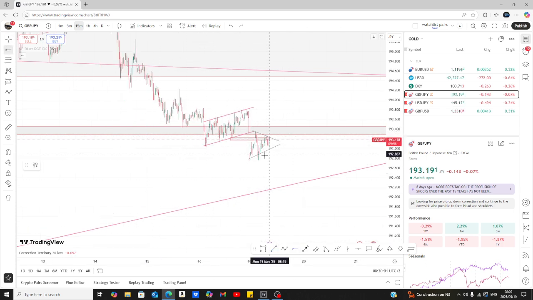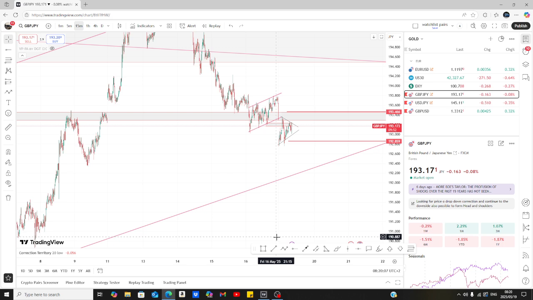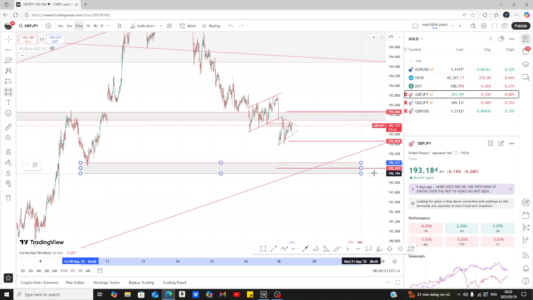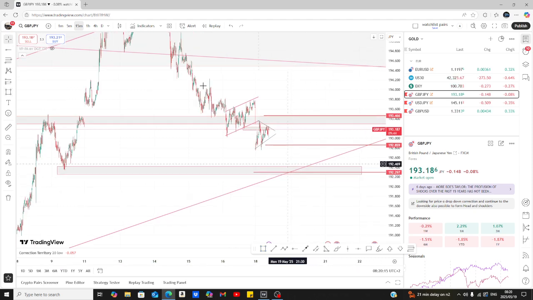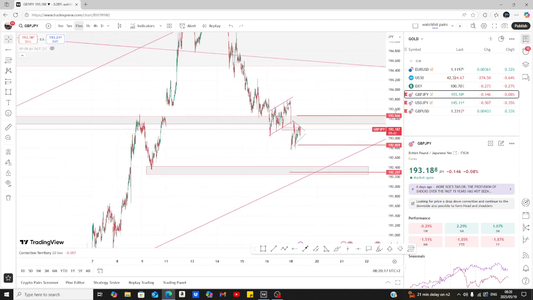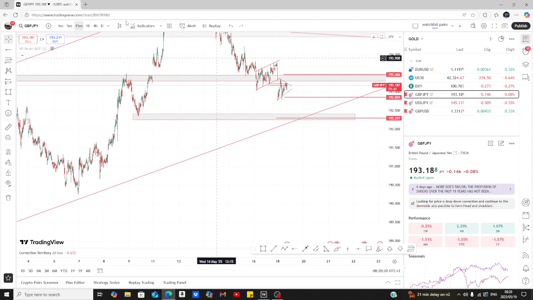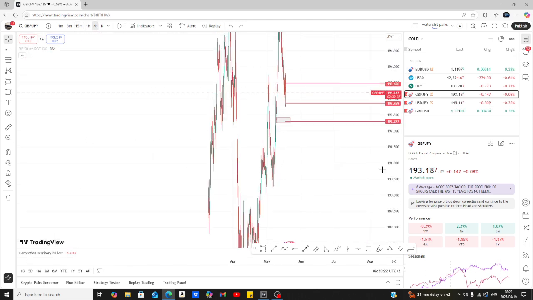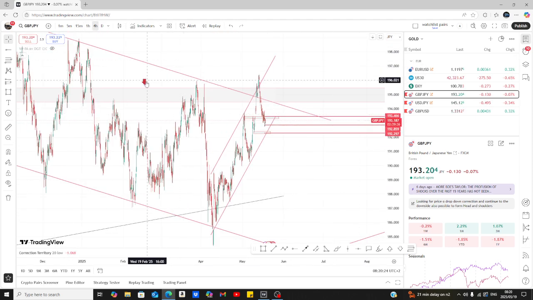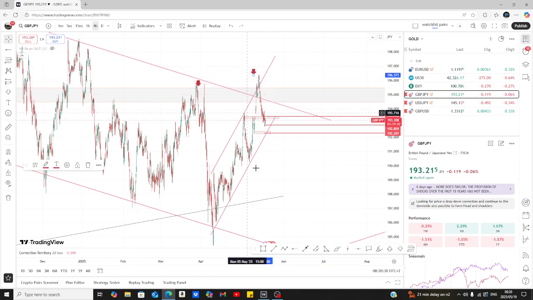One possible entry would be to set a sell stop below here with your stop loss just above key structure, and look for the push to the downside, possibly to retest this previous key structure where price shot up from, and then to see if the price will break down further out of this bearish ascending channel. As we have noted, this is a potential double top on the weekly and daily time frame.